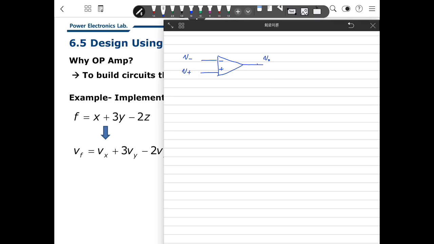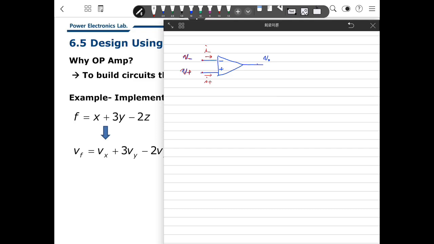When you have an op-amp in your circuit, you have to determine some variables: that voltage is V minus, that voltage is V plus, and define this current as I minus and this current as I plus.